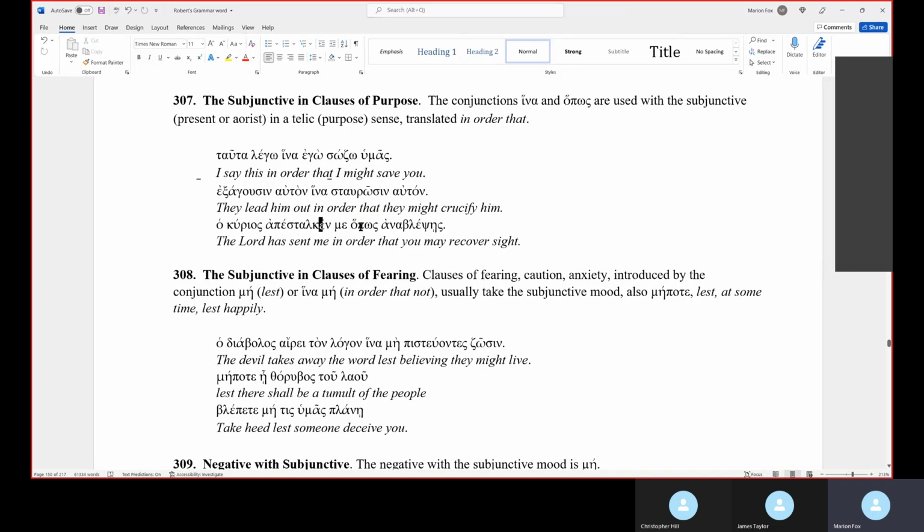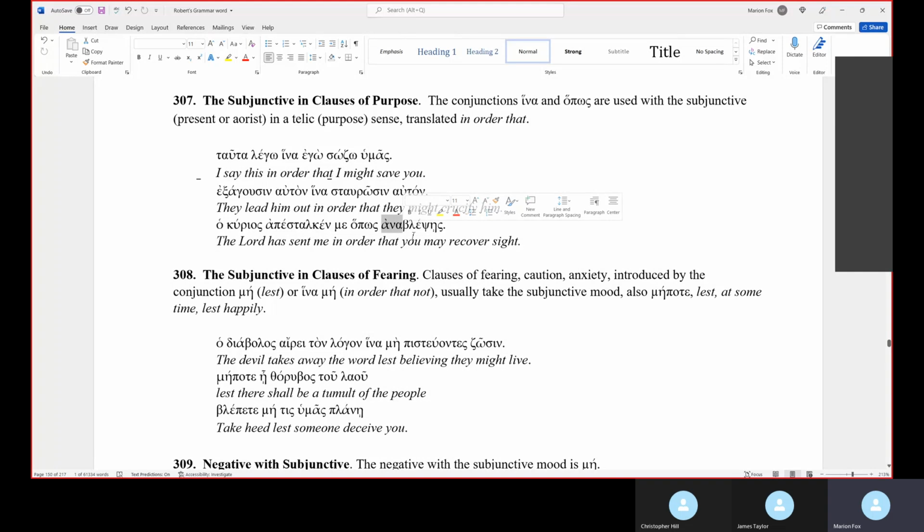Hopos, and that's a dead ringer, and that tells you this is going to be subjunctive. Hopos, in order that you may recover sight. And so this is from blepo, but it's blepses, and so it is subjunctive, and ana is again, or up.